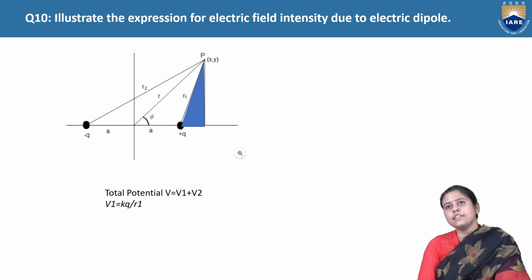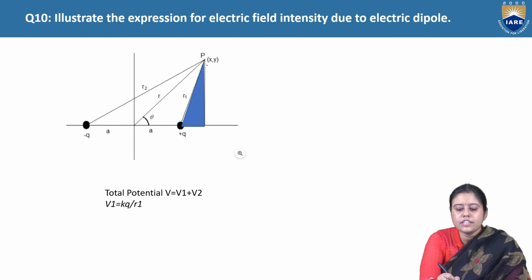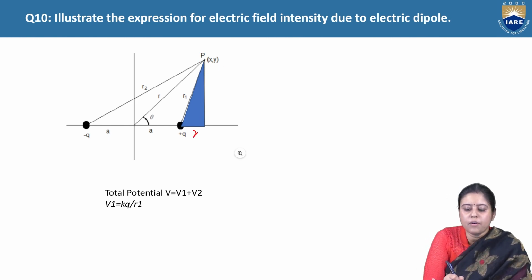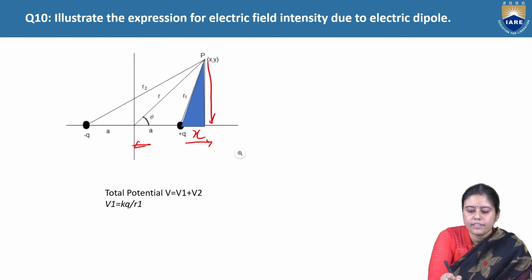So we are taking this triangle first. What is R1? This is a triangle with a 90 degree angle, and we can take this position as (x, y), which means this is x from the origin, and this is y.